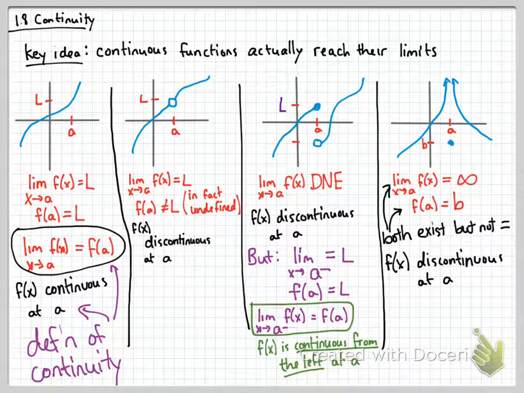So as you come from the left, you look continuous. It's only when you go past a that something weird happens. In the same way, you can have functions that are continuous from the right. This one isn't, because even though the limit from the right exists, it doesn't equal the value f of a. The value of f of a is up there, attached to the left-hand branch, not the right-hand branch.